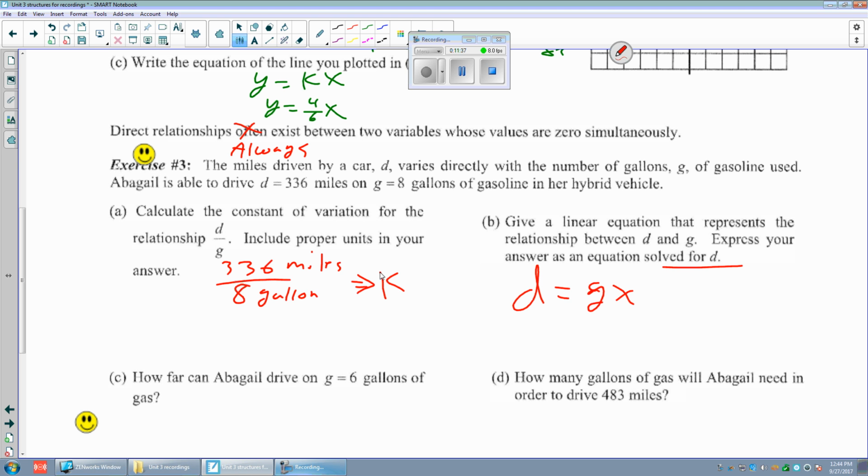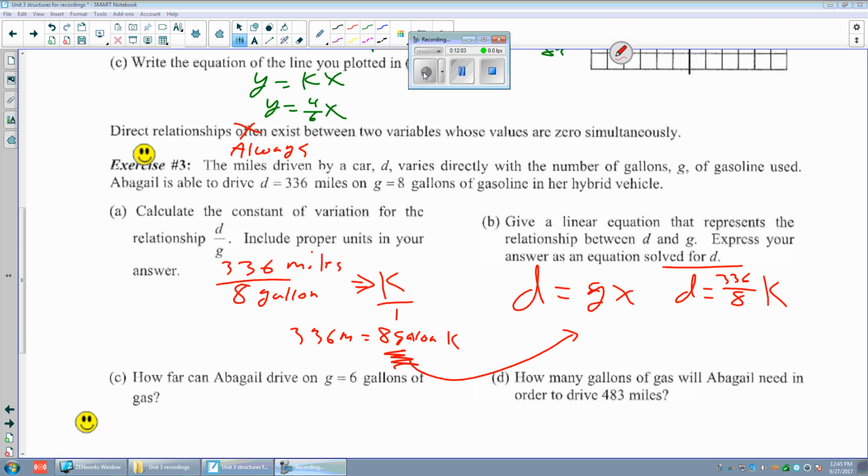So when you cross multiply, product of the means equals product of the extremes, we have 336 miles equals 8 gallons K. So now I see that gallons are really right there. Express your answer as an equation solved for D. There we go.